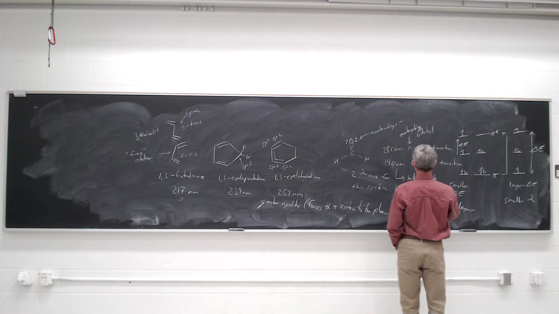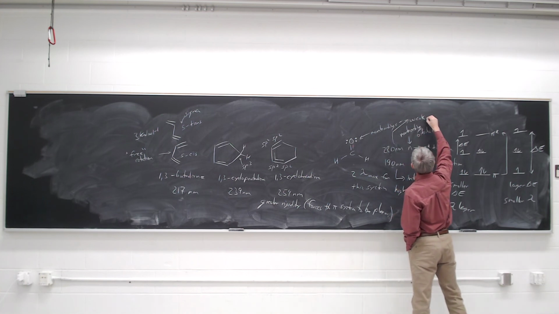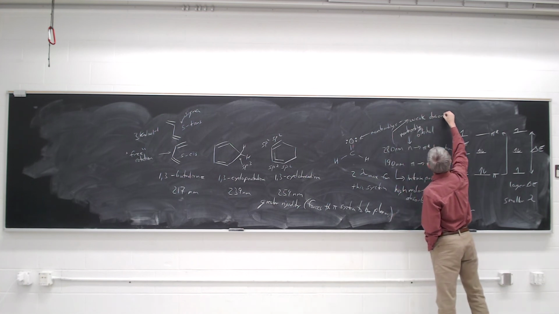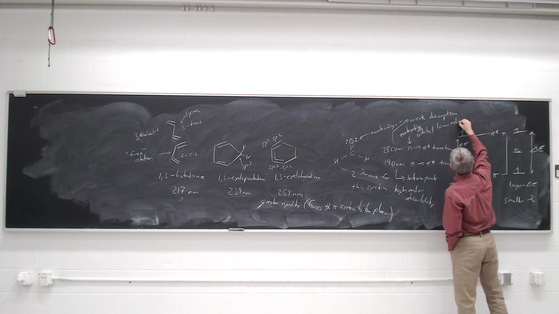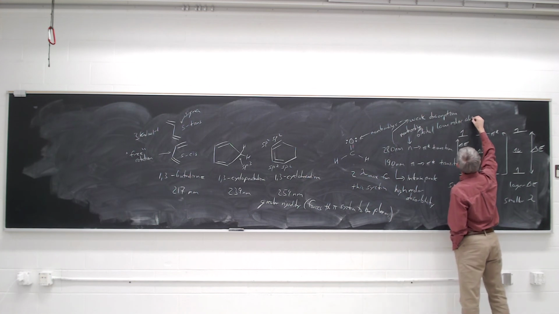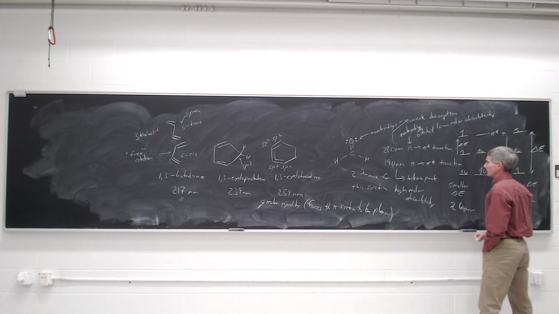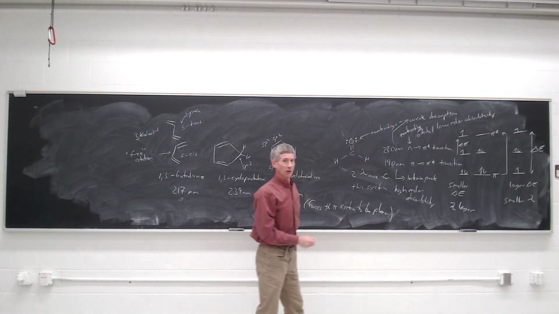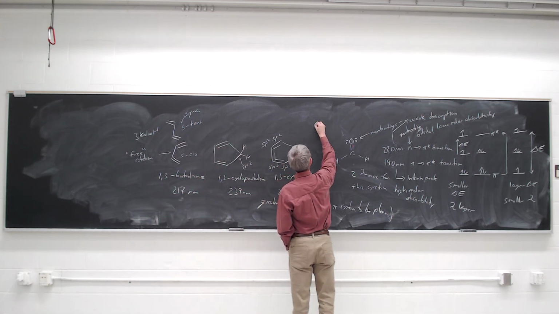Whereas the n to pi star is a weak absorption with a low molar absorptivity. And that's seen in what we refer to as the molar absorptivity or the extinction coefficient, which is epsilon.